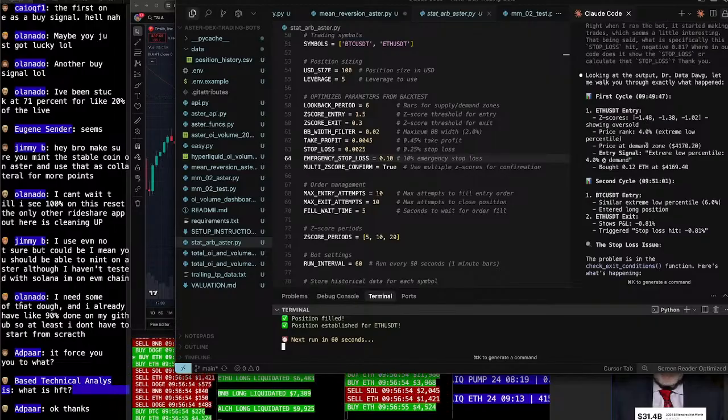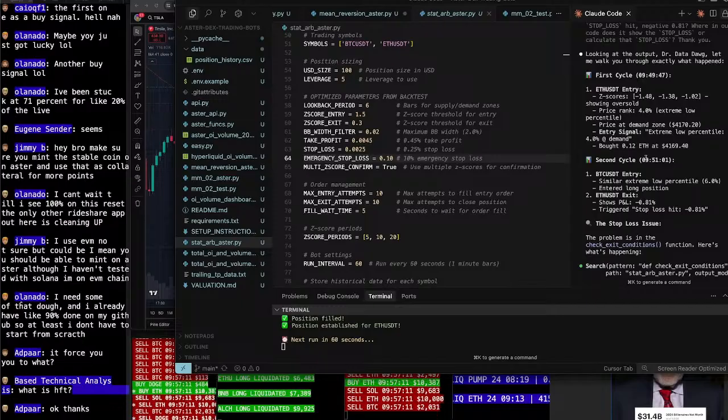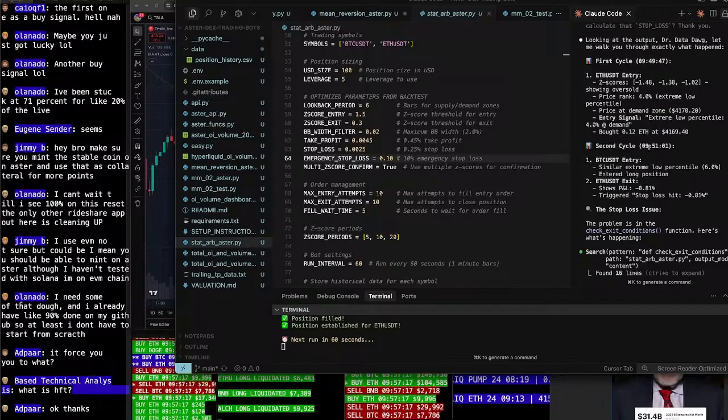Price rank is 4%, extreme low percentile. Price at demand zone 4170. Entry signal extreme low percentile 4% at demand.